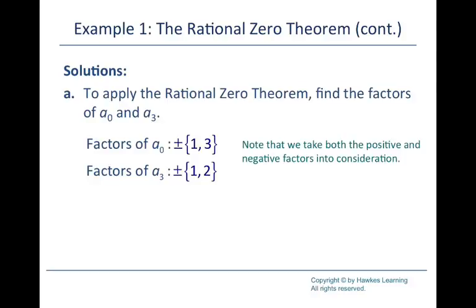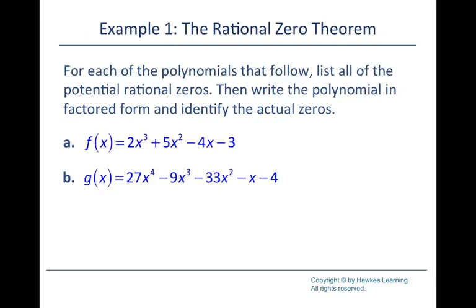Okay, and so the factors of a sub 0, let's just go back, because you should know where this comes from. If we look here, a sub 0, if you remember, is the constant term. So a sub 0 in this one is equal to -3, and a sub n is going to equal 2. And factors of this: the only way to get 3 is 3 times 1, and in this case one of them would be negative. And the only way to get 2 is 2 times 1. So 1 and 3, and 1 and 2 are the factors.